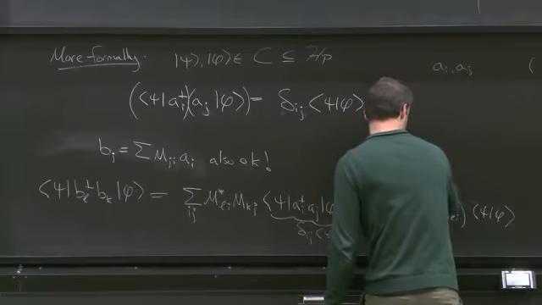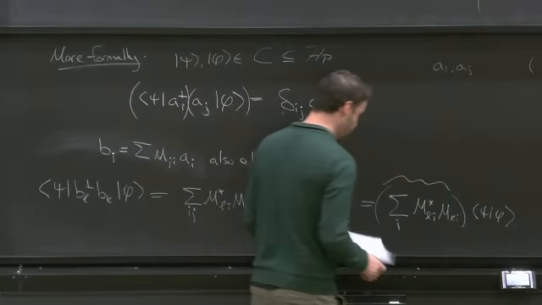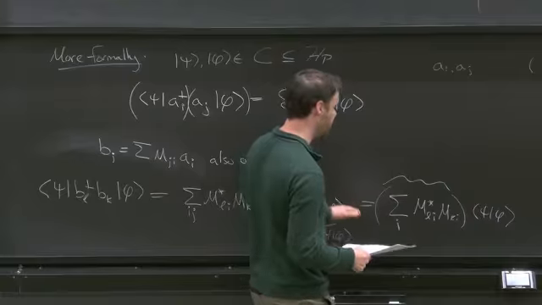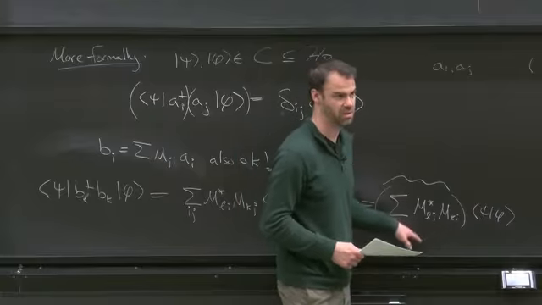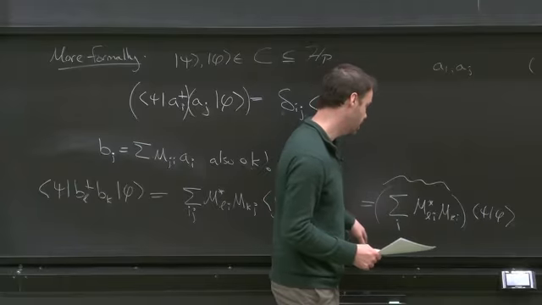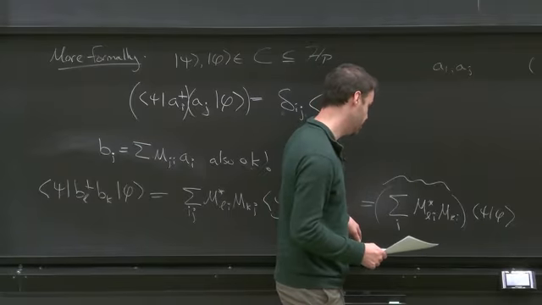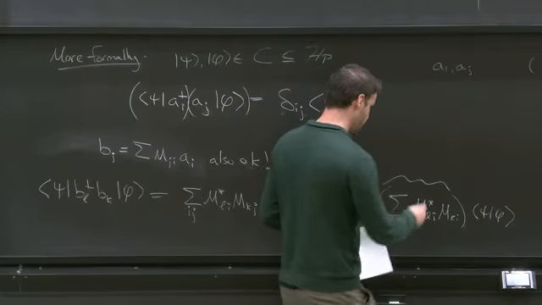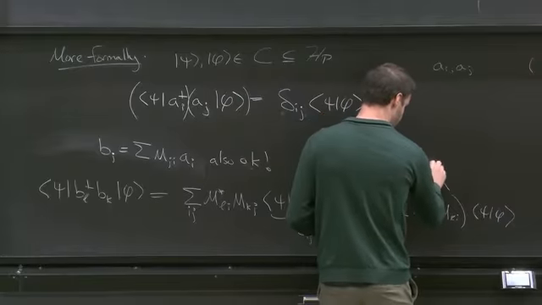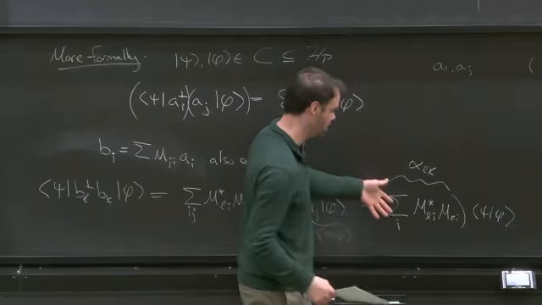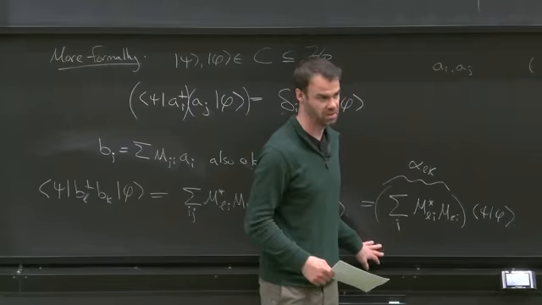What is this? Actually, you can see that this matrix is Hermitian from its form. And it turns out any Hermitian matrix can be written this way.